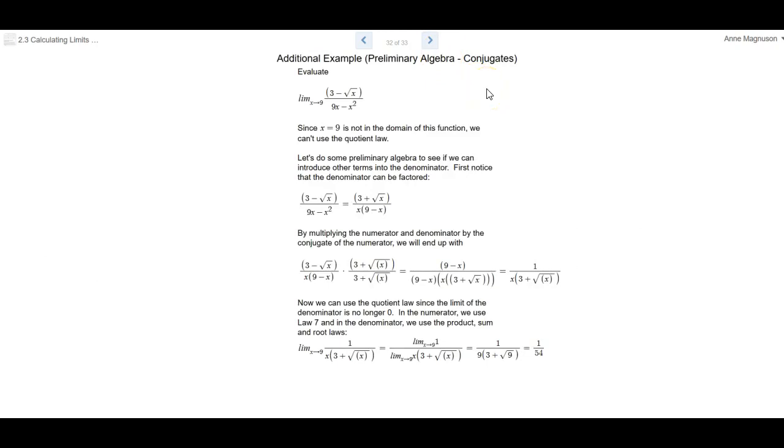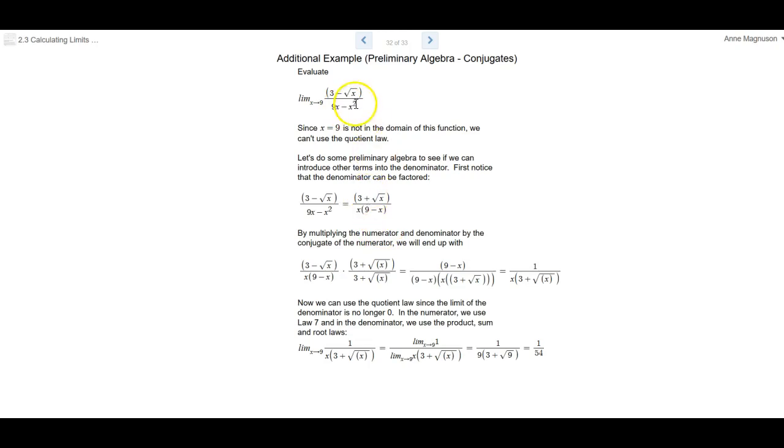Here's another example where you need to multiply the numerator and denominator by a conjugate. What that does is introduce more terms into the denominator so that the denominator is not necessarily 0. Notice in this case, as x approaches 9, I can't just take the limit of that denominator. I can't use the quotient law because the limit of that denominator is 0.